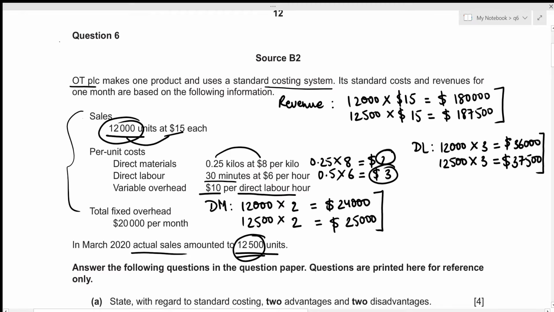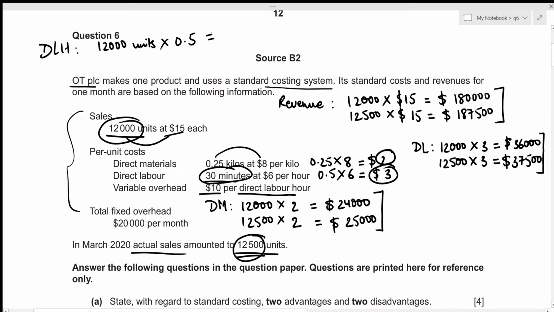So let's figure out the direct labor hour first. For 12,000 units, that's just going to be 12,000 times the direct labor hour per unit, which is 30 minutes, right? So we can just multiply it with 30 minutes. Let's convert it to hours. So that's just going to be half an hour, so that's 0.5.